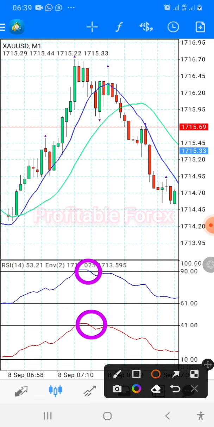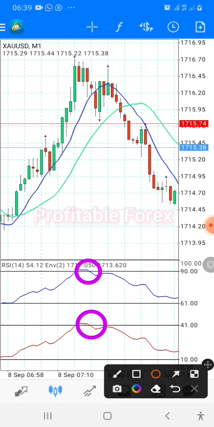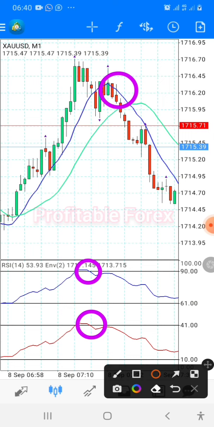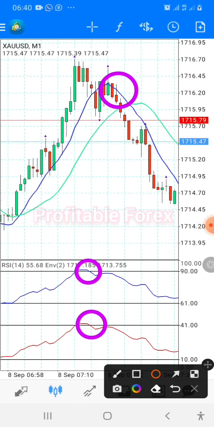Also look at your main chart to see that the blue moving average crossed above the chart, and the green moving average also crossed above the chart, and then you can go in for a sell. That is the right time to sell.